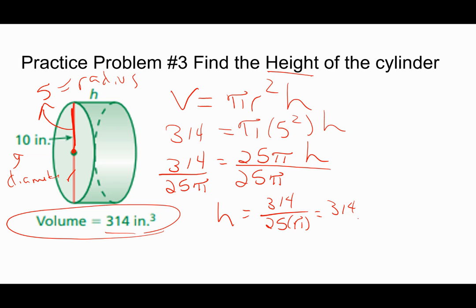314 divided by 25 times pi is 78.54. So we have 314 divided by 78.54, which gives us 3.99, or the height is 4.